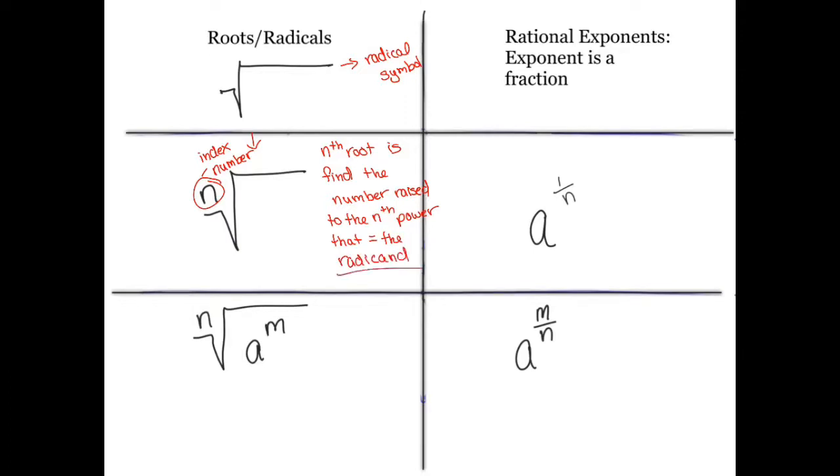I haven't even talked about what a radicand is, so let's talk about what the radicand is. The number inside of the radical is called the radicand. So down here, in this bottom example here, a to the m is equal to the radicand.